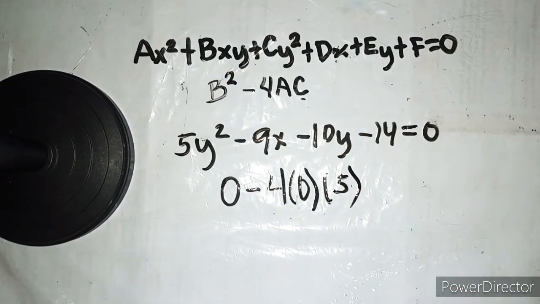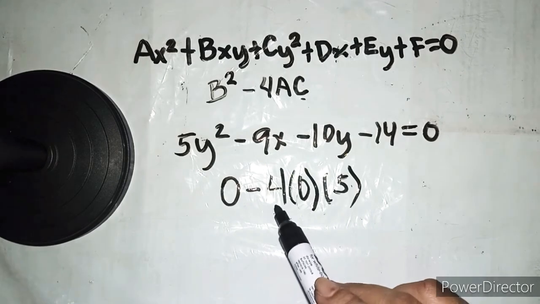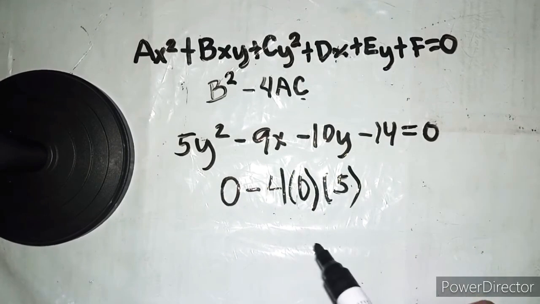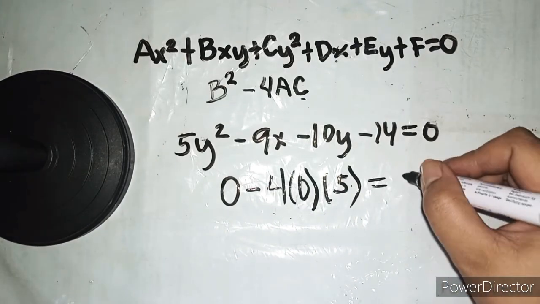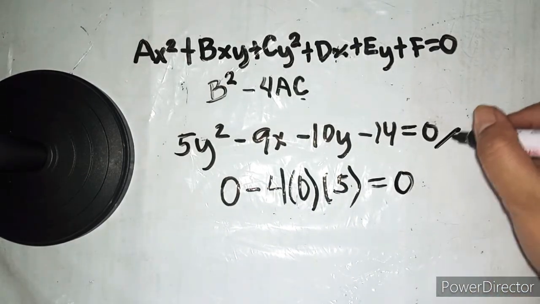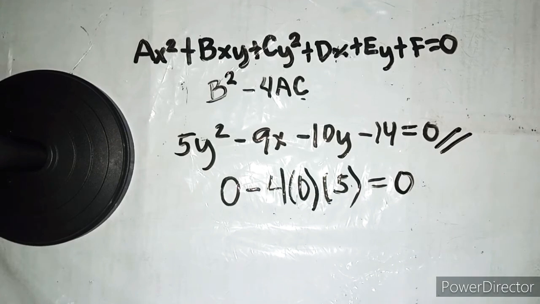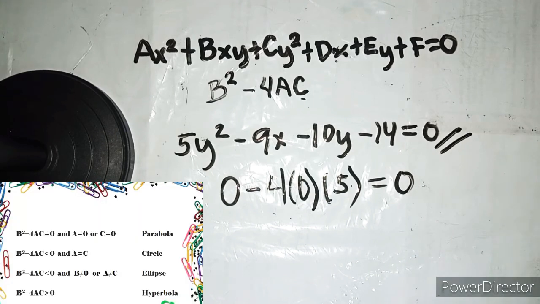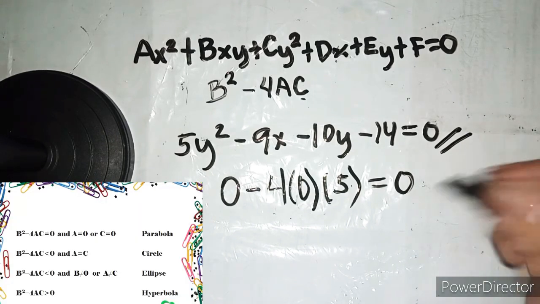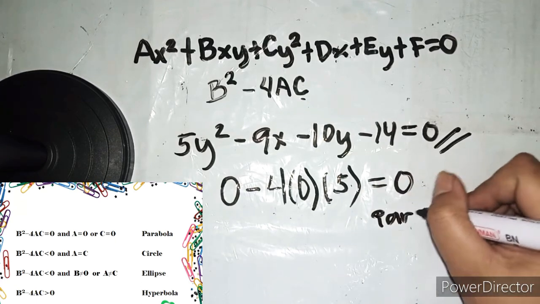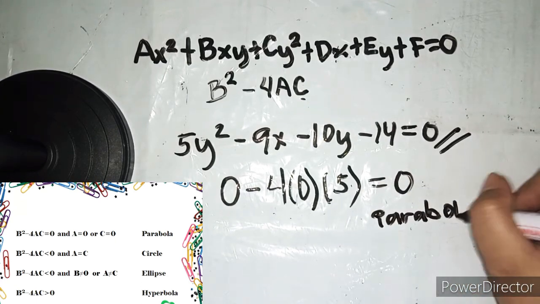Now let's simplify. Negative 4 times 0 is 0, and 0 times 5 is also 0. So what kind of equation is this, based on our table a while ago? This is a parabola, right? This is a parabola.